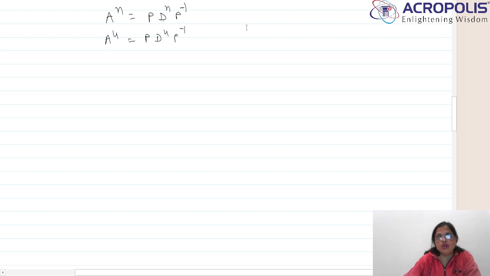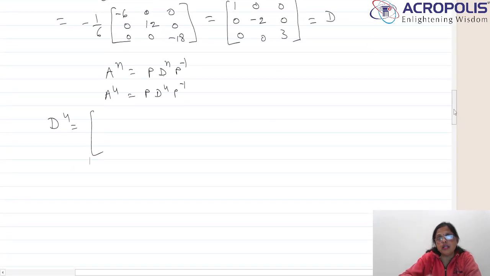So what is the value of D raised to the power 4? If we multiply D 4 times, what do we get? We get 1 raised to the power 4, 0, 0, 0, minus 2 raised to the power 4, that is equal to 16, 0, 0, 0, 3 raised to the power 4, that is equal to 81.